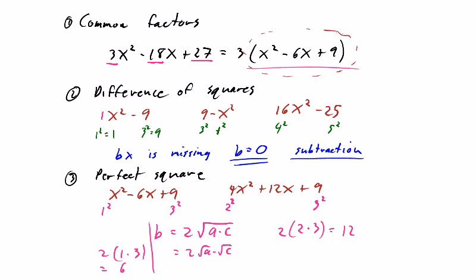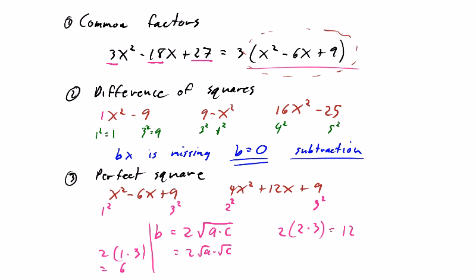So those are the first 3 methods. You want to quickly look for common factors. Always look for that first. And then for methods 2 and 3, note whether you have perfect squares for your a and c terms. If it's a difference of squares, you'll have no b term and there will be subtraction. If it's a perfect square, that's a little trickier.